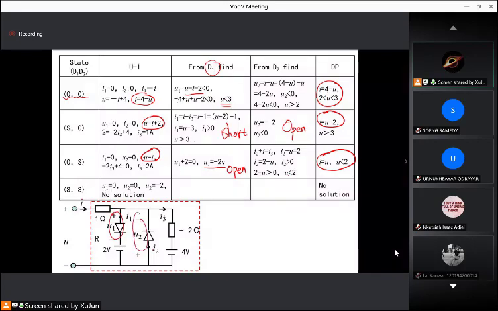If U1 short, so this point is 0. So from this point to this point, it should be 2 watts. Then the U2 should be minus 2. This means it's a conflict. So that means if U1 short, D1 short, the D2 cannot be short. So this is not a solution. So only these three cases.